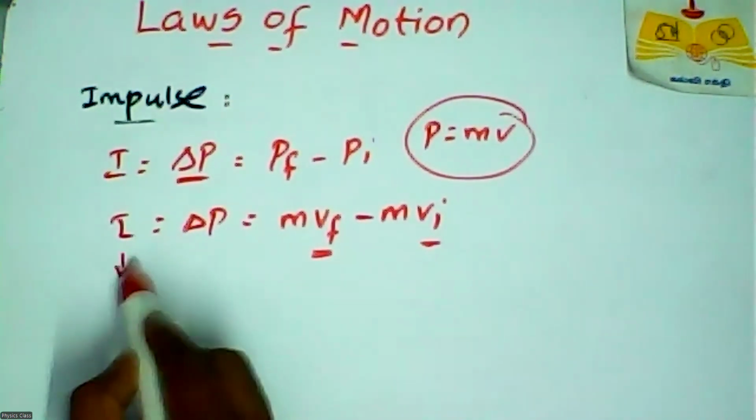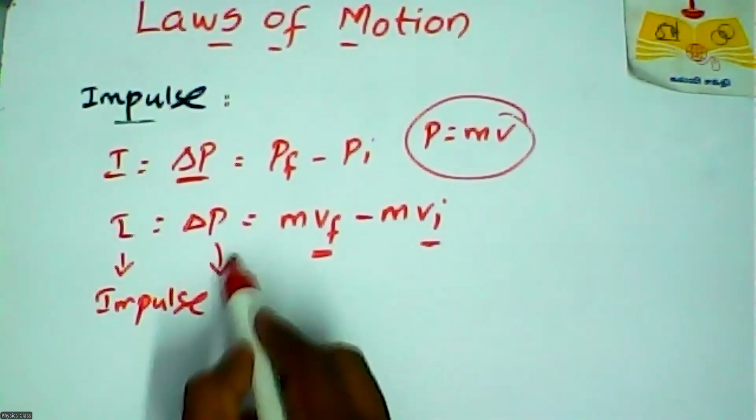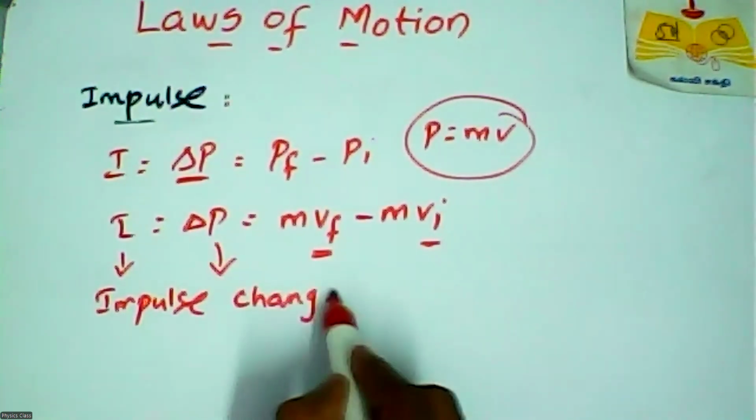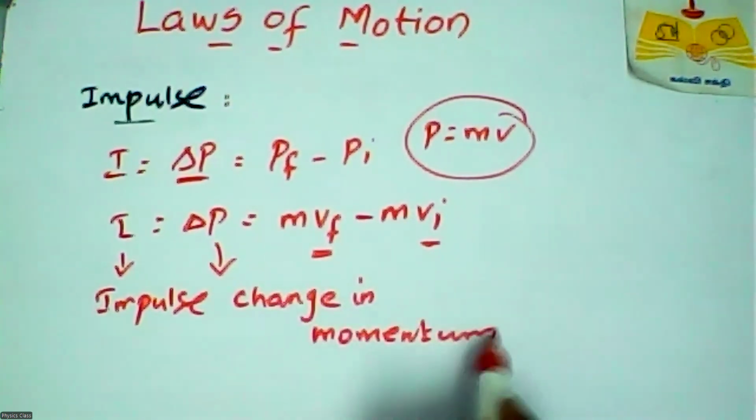So this is impulse, this is change in momentum, this is the mass of the object, and Vf and Vi are the final and initial velocities.